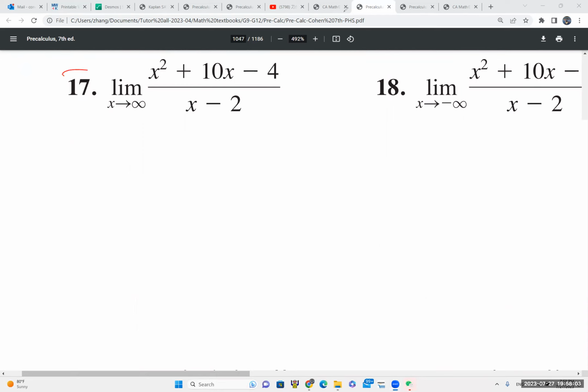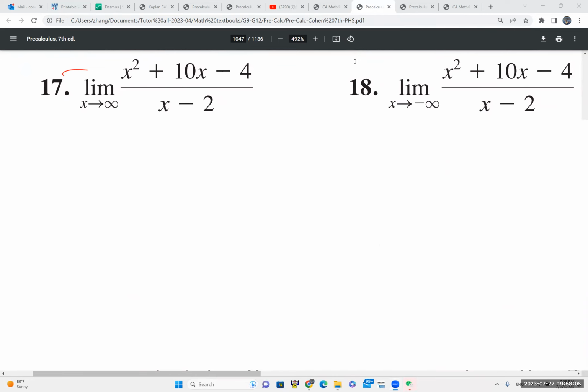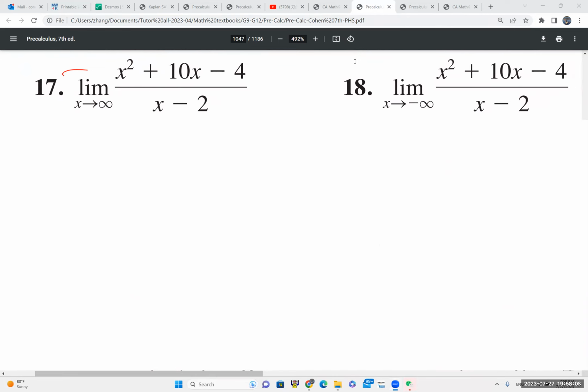Maybe I can move this side. Problems 17 and 18 are very similar, right? One goes to positive infinity, another to negative infinity. Let's see if there are different answers.